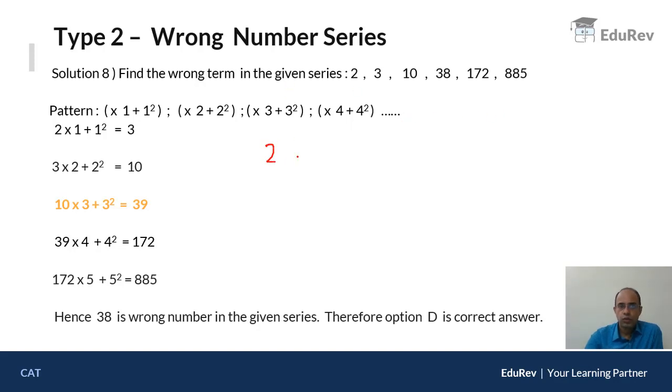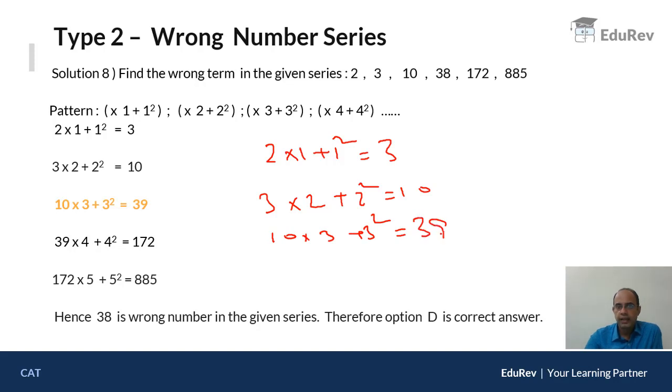Now, 2 into 1 plus 1 square will give me 3. 3 into 2 plus 2 square, 6 plus 4 is 10. Fine. Now 10 into 3 plus 3 square is 39. But here it is given to be as 38. Similarly, 39 into 4 plus 4 square is 172, and 172 into 5 plus 5 square is 885.